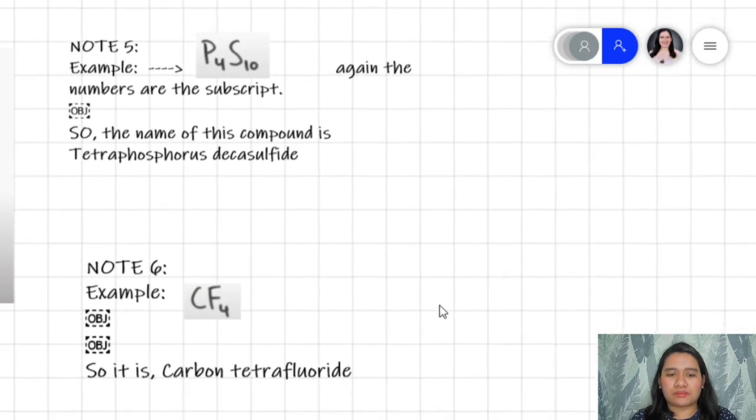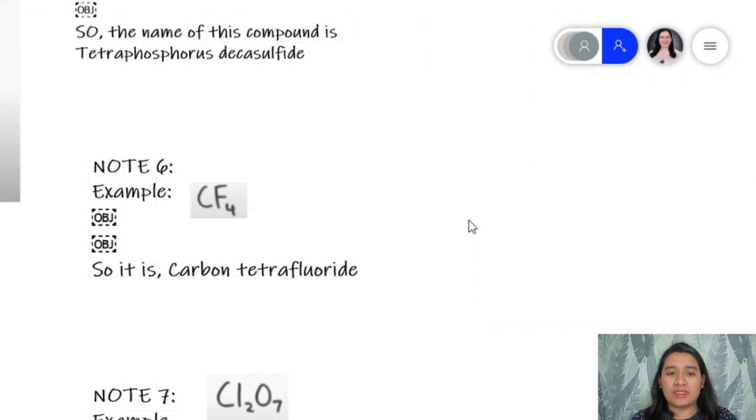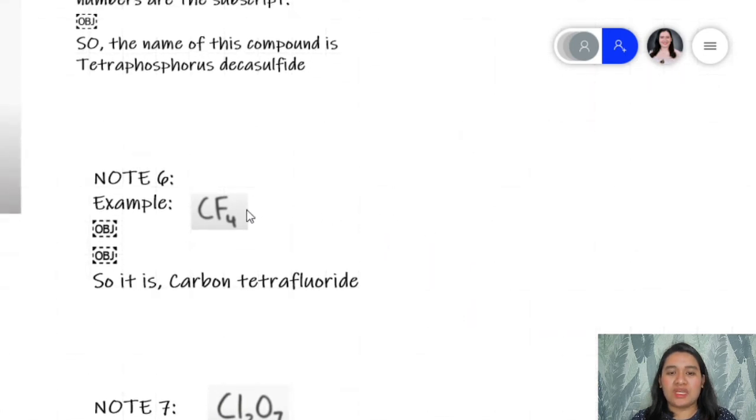Next, example number 6, we have CF4. This is carbon tetrafluoride. As you can see, we did not use a prefix on the first element because we have the rule on the first element.